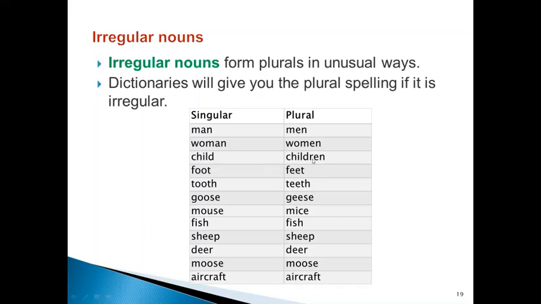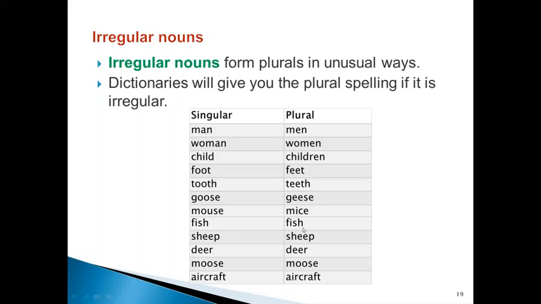One child, two children. One foot, two feet. One tooth, three teeth. You know, th is pronounced as th. Goose, geese. Mouse, mice.